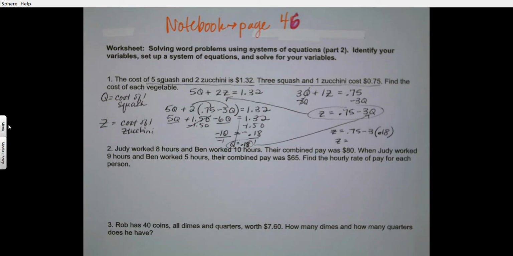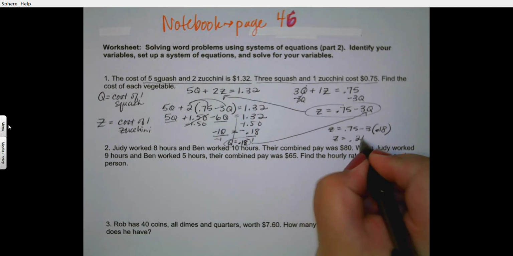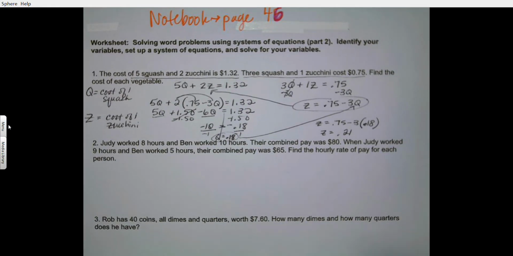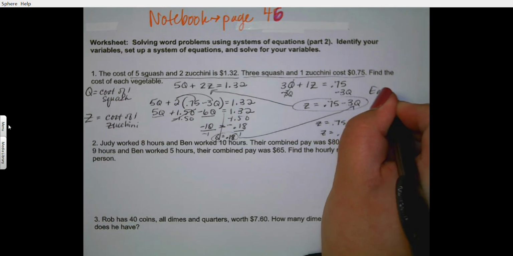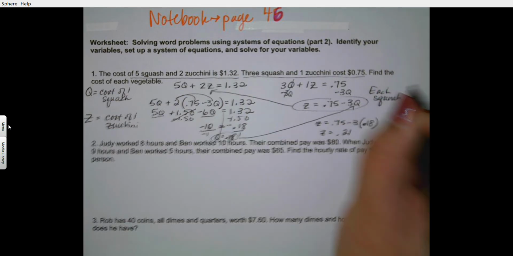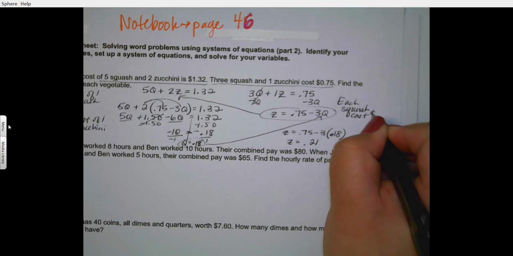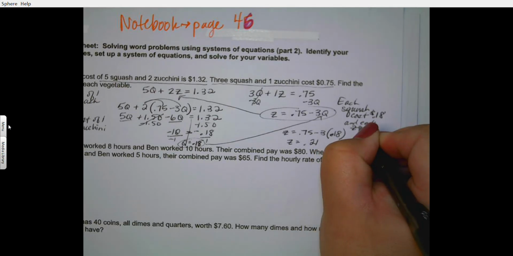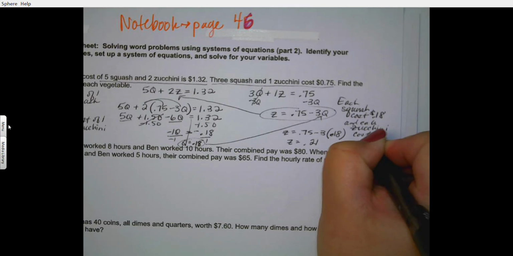So 3 times 0.18, and then I'm going to subtract from 75 cents, and I end up getting 21 cents. So now to actually answer the question, I have to find the cost of each vegetable. So each squash costs 18 cents, and each zucchini costs 21 cents.